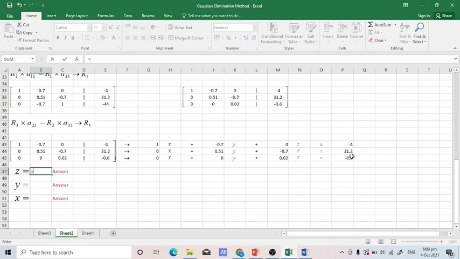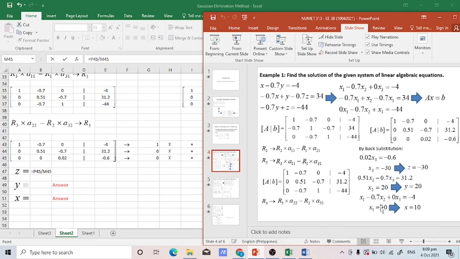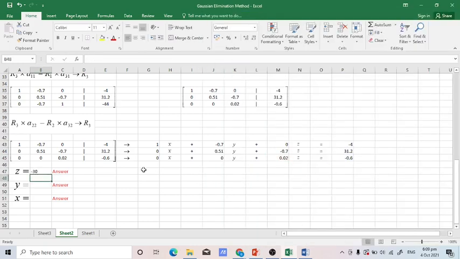Equals negative 0.6 over ito, 0.02, di ba? Alam niyo naman, di ba? Di ba na negative 0.6 over 0.02. Ito, no? So, enter. Ayun, negative 30.